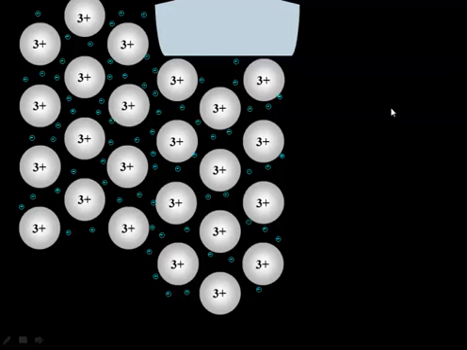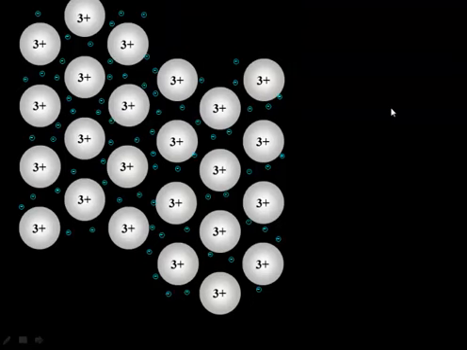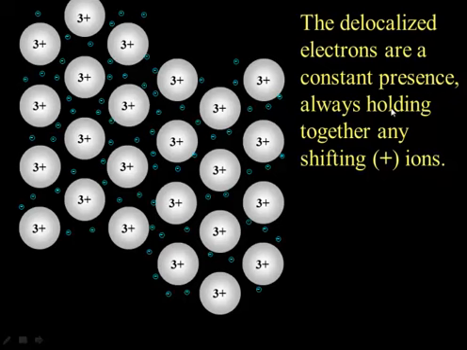It still keeps on going. I'm really not stretching it out. So what we'll notice is, even though the metallic cations start to move, the free-moving valence electrons can quickly adjust for the movement of the positively charged cations and still maintain the strong electrostatic attraction between them.